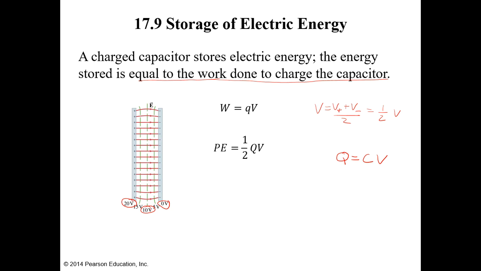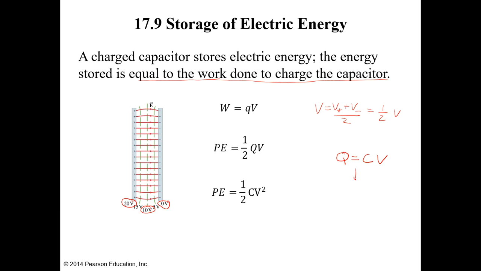Well, if I substitute that in, charge is going to equal CV, so 1/2 of CV times V would be 1/2 CV squared. That's just a substitution, substituting CV in for Q, which gives us just another form of the equation. That way you can find out how much potential energy is in a capacitor simply by knowing the capacitance and the voltage it's applied to.